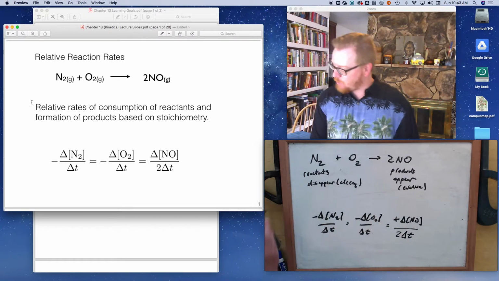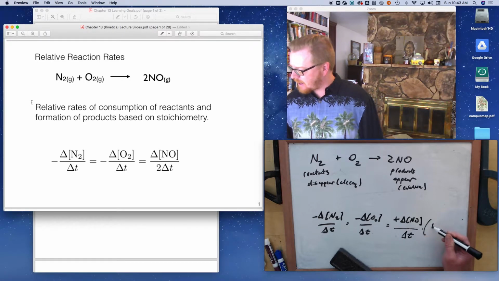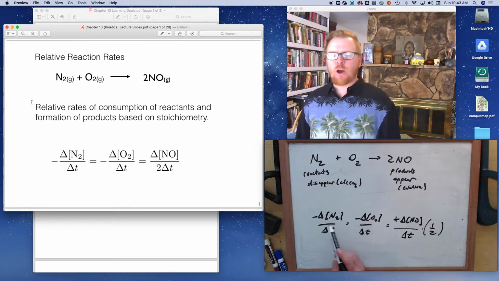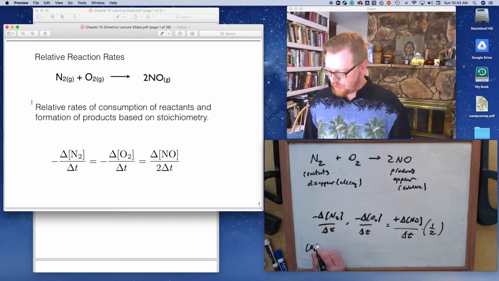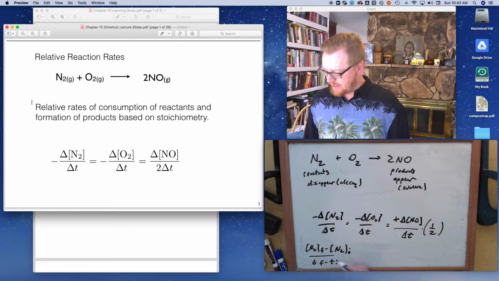So I put that 2 over there. I'll bring that out to the side, and we'll say that's times 1/2. Okay. Another thing to note, you might be saying, well, how does a negative and a negative equal a positive? Well, remember, this is going to be the N2 final minus the N2 initial, for example, over t final minus t initial.